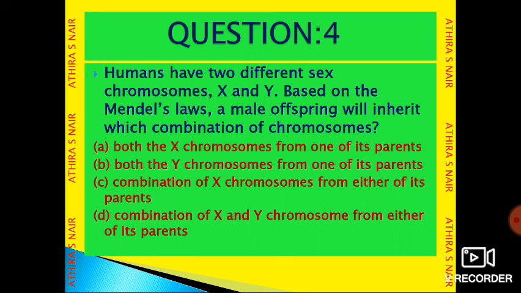Option A is both the X chromosomes from one of its parents. Option B, both the Y chromosomes from one of its parents. Option C, combination of X chromosomes from either of its parents. Option D, combination of X and Y chromosomes from either of its parents.